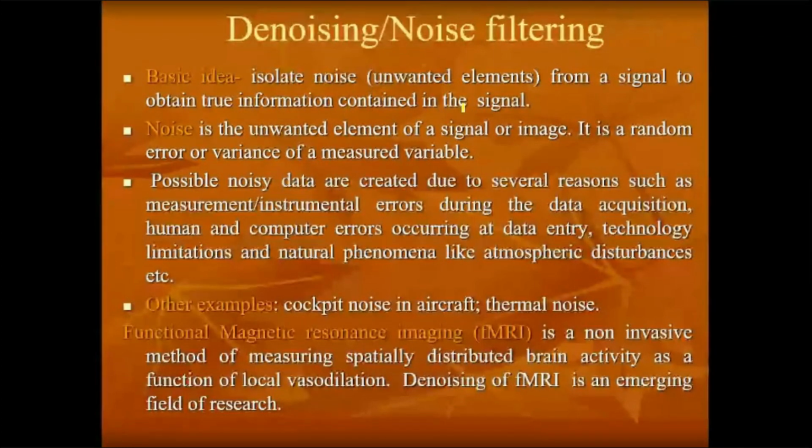So noise is the unwanted element of a signal or image. It is a random error or variance of a measured variable. I will provide some examples with noise and how we can denoise using wavelets.